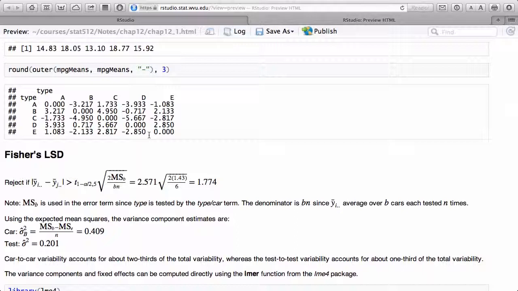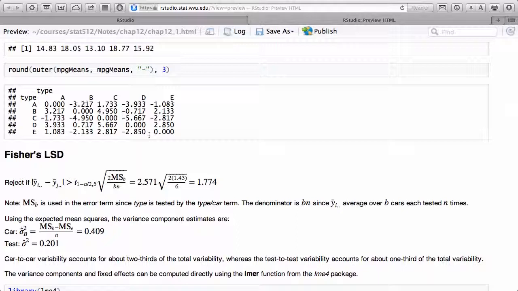But now the key is what do I use to test? Well, if it's a 2-sided test, I'm looking at 1 minus alpha over 2 for the t, and the degrees of freedom will in fact be 5. Why? The mean square I'm using is mean square for B, not mean square for E, because I have to test with the B effect, not the subsample effect.